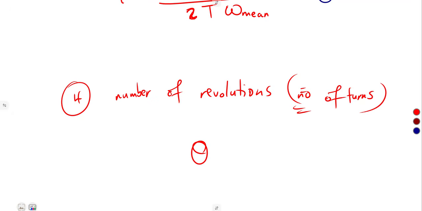So theta, which is our angle now in radians, can be obtained from the mean angular velocity times the time.